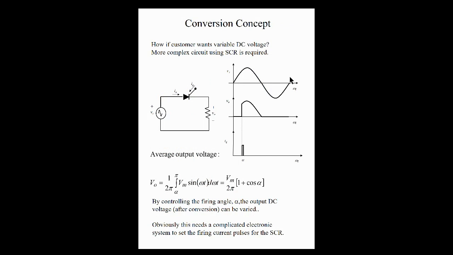So how do we achieve this with this device? We just apply a narrow positive pulse to the gate of this device. By applying this narrow positive pulse, you're able to change what we call our firing angle, and of course, we determine the average output voltage.